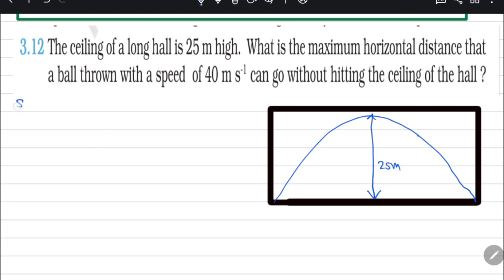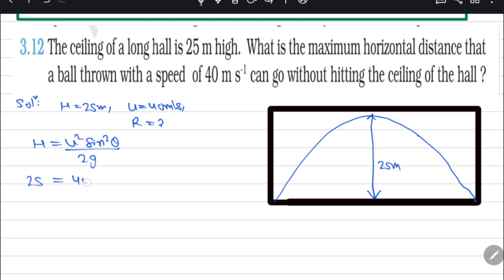The ceiling of a hall, their height they have given is 25-meter high. What is the maximum horizontal distance a ball can be thrown with a speed of 40 meter per second? So they are asking range. So first find the angle using maximum height, u squared sine squared theta by 2g. So this is 25, u is 40 into 40, sine squared theta by 2 into g.